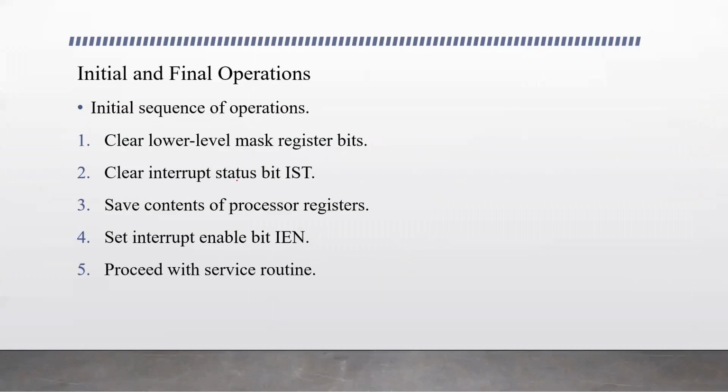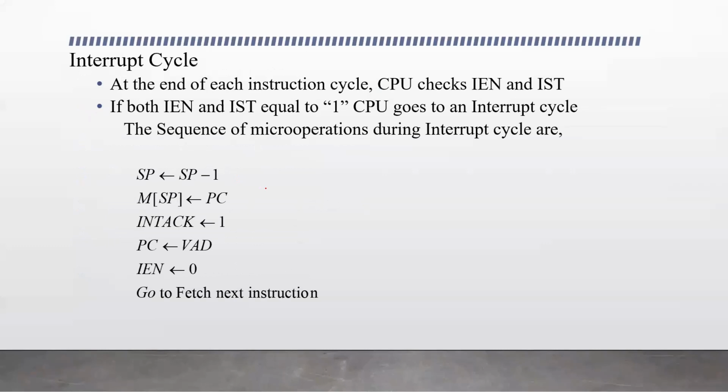We have discussed the interrupt cycle. When the CPU is interrupted from the process it is doing, it stores the program counter into the memory stack and enables the interrupt acknowledgement signal, meaning the CPU is ready to execute the interrupt service routine.